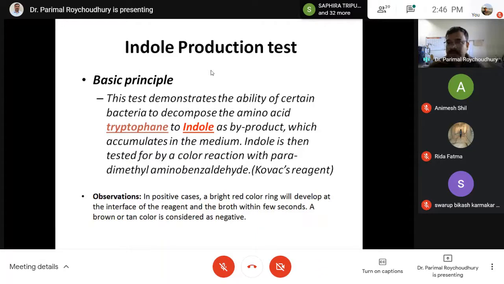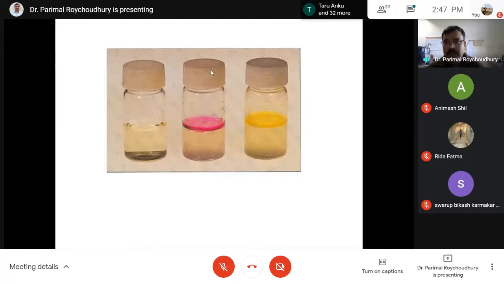Shortly, it's called Kovac's reagent. This Kovac's reagent is straw in color as such, but once it comes in contact with the indole, immediately it will convert into deep purple or deep pink color, and they float at the surface of the bacterial culture, and we can say that this tube contains indole.